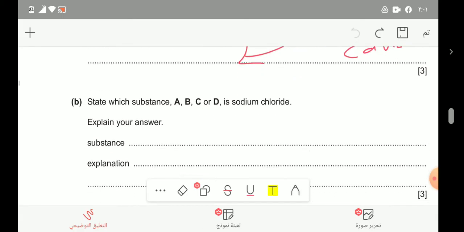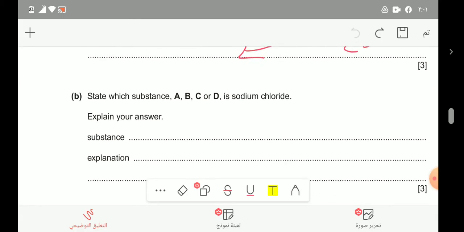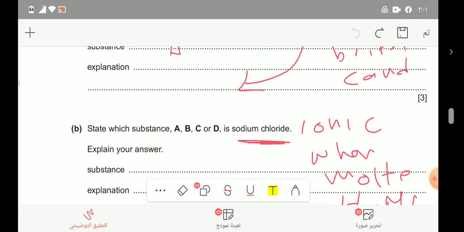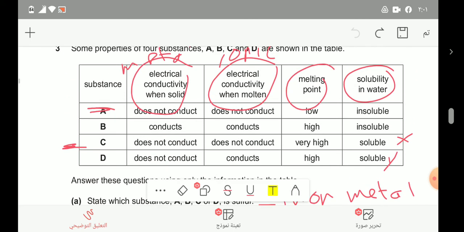Also state which substance A, B, C, D is sodium chloride. Sodium chloride is an ionic compound, conducts electricity when molten, and has a high melting point. So let's see which conducts electricity when molten.